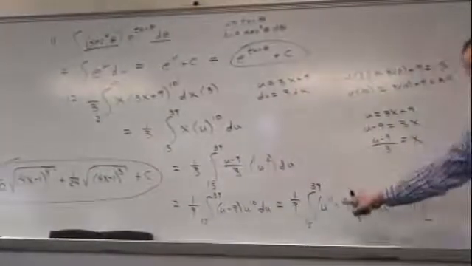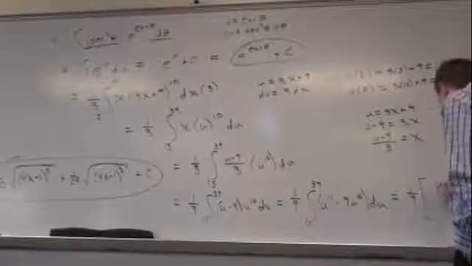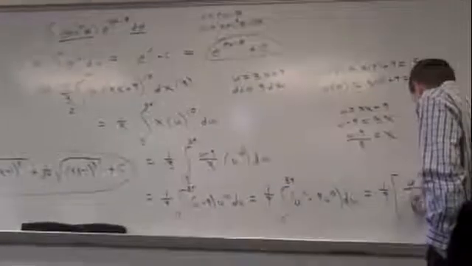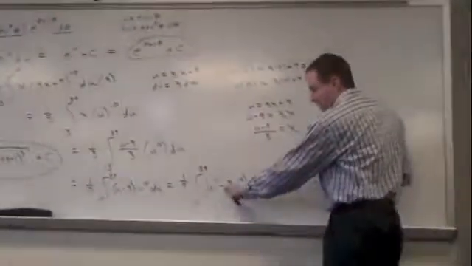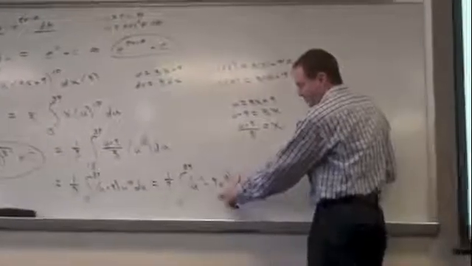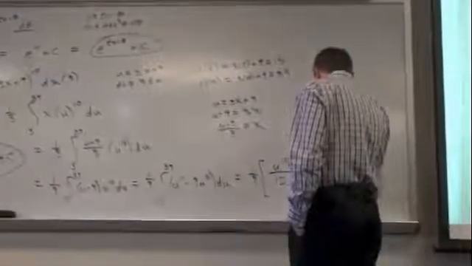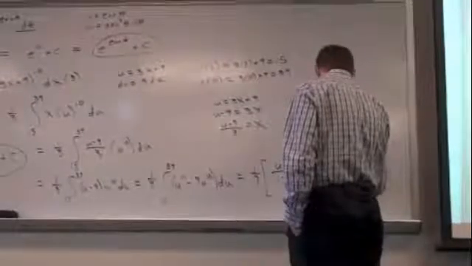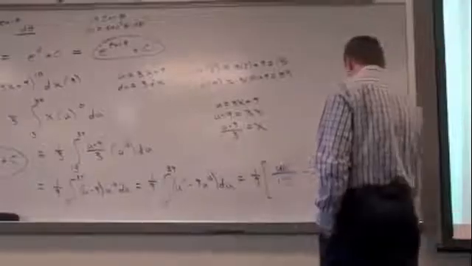The integral of the first term here is u to the 12th over 12, minus the second term, which becomes 9u to the 11th over 11. And we're evaluating that from 15 to 39.